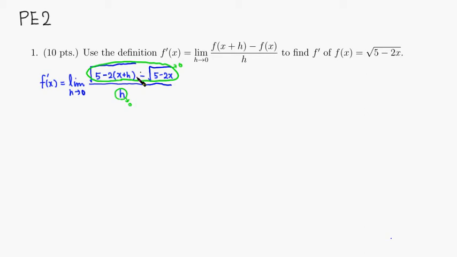To squeeze that out, here's the technique. We're going to multiply top and bottom by almost the same thing as the numerator except for the sign. So you have the square root of 5 minus 2 times quantity x plus h, plus the square root of 5 minus 2x.